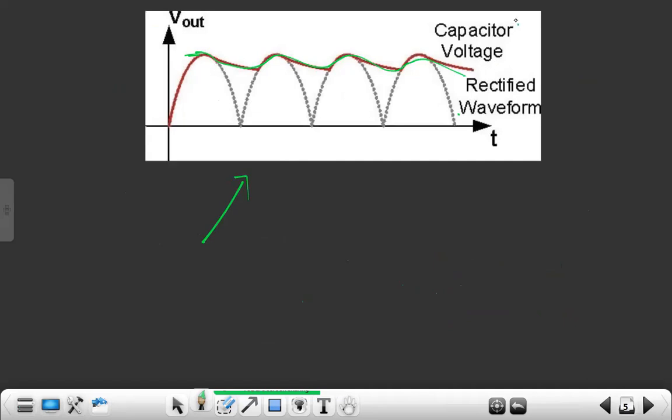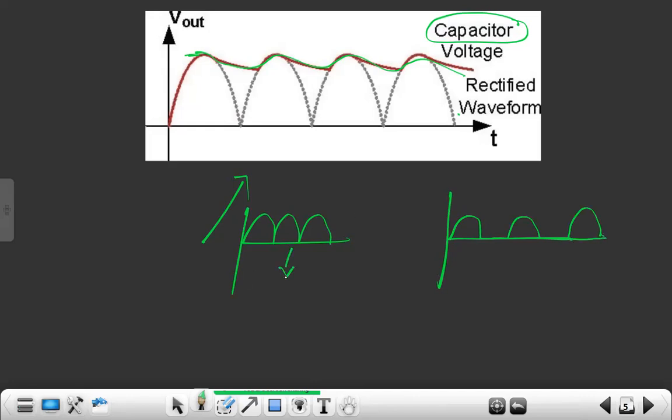Before applying the capacitor, we'll get the frequency format likely to be this in the case of full wave rectification. And in half wave rectification, we'll get likely this wave format. We'll do it practically.